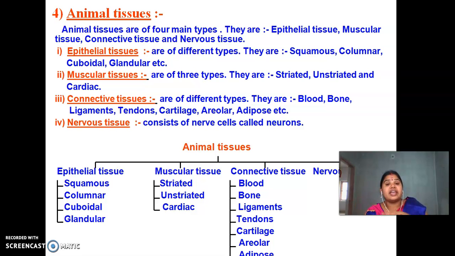These tissues are again divided into many types. Let's see. Epithelial tissues are of different types. They are squamous, columnar, cuboidal, glandular.